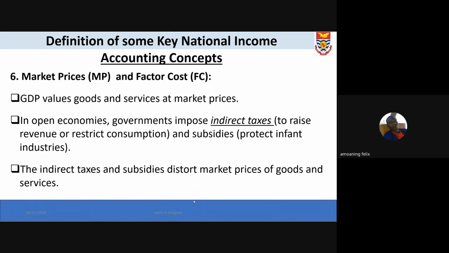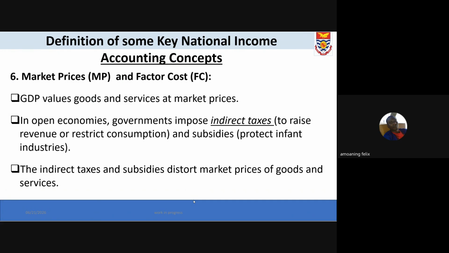We have instances where government imposes indirect taxes. These are taxes that are not imposed directly on our income. Whatever we buy from the market attracts some kind of tax. We all know that we have taxes on fuel. So every liter of fuel that we buy, we pay a 1 Ghana cedi tax on the commodity.